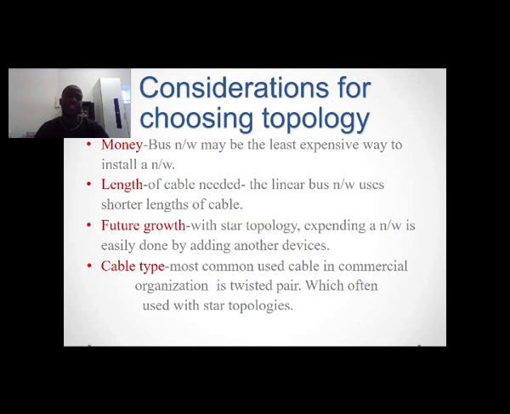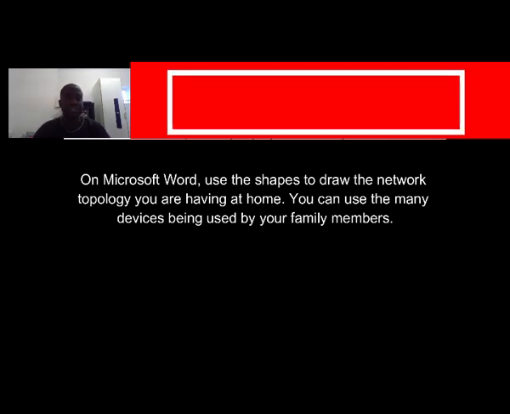Right, so now I'm going to give you an assignment that I want you to do. The assignment is very simple. You go to Microsoft Word. I want you to draw the network structure you're using at home. You can just do a simple sketch on Microsoft Word.